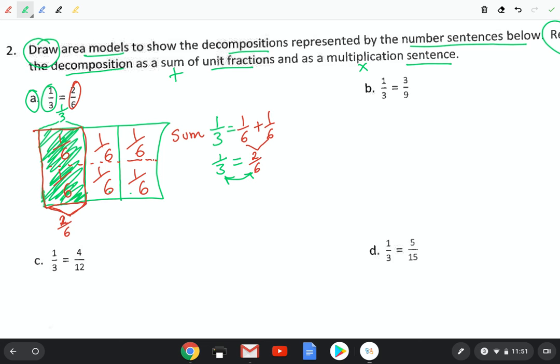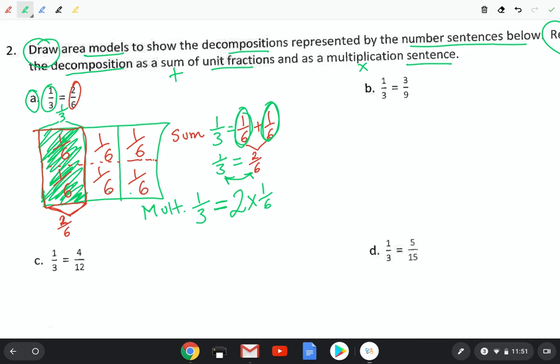I also need a multiplication sentence. I'm going to put it down here. Okay, and so again, start with the fraction that you started out with. 1/3 is the same as, now multiplication, that would be the repeated addition that we're doing here. We're adding 1/6 plus 1/6. That means 2 times 1/6.